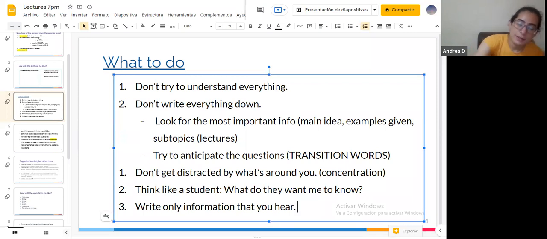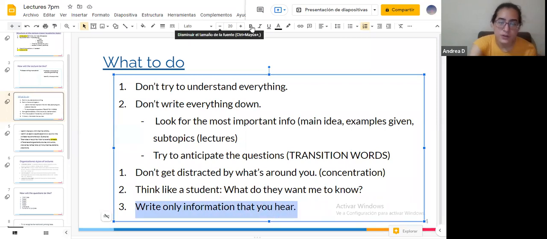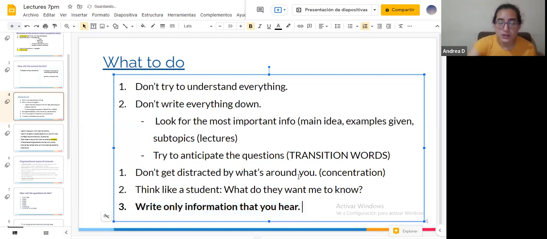One more thing, make sure that you only answer the questions based on the information that you had in the listening. Believe it or not, that's something that some people do. Maybe you know about the topic, maybe you know about energy and how nuclear energy works, you know everything about it, but they don't require you to have that knowledge.